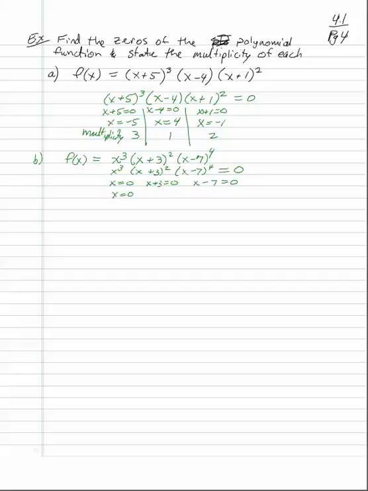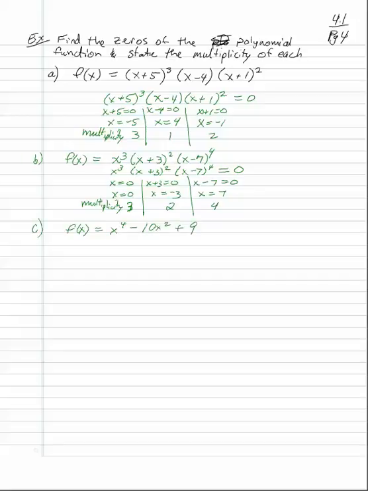So we get x equals 0, -3, and positive 7, with multiplicity 1. No, that one's 3 because that was x cubed. And then we have x plus 3 twice, so that's twice. And then 7 is 4 times.